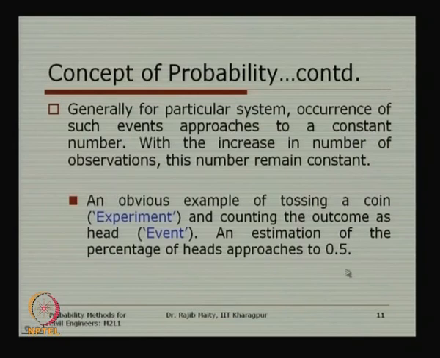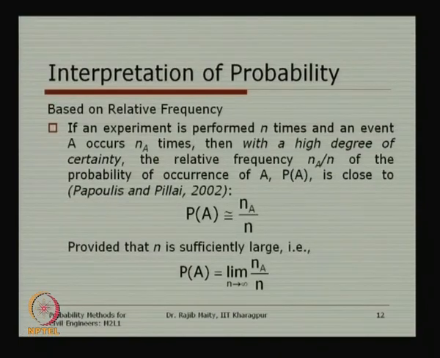This 0.5 is the number we assign as the probability of getting a head in one experiment with a coin. We'll come to the real-life problem of a cyclone event a little bit later, so that it will be clear in the area of civil engineering problems also.